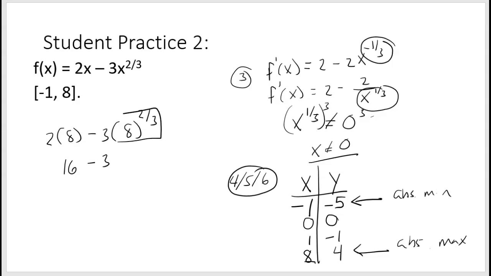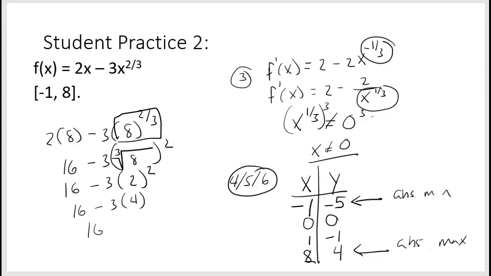And as I told you, this piece here, it might be good to rethink of that as the cube root of 8 being squared. Now, the cube root of 8 is 2. 2 squared is 4. And 3 times 4 is 12, which gives us a final answer there of 4. So that's how you would work that out by hand if you needed to.